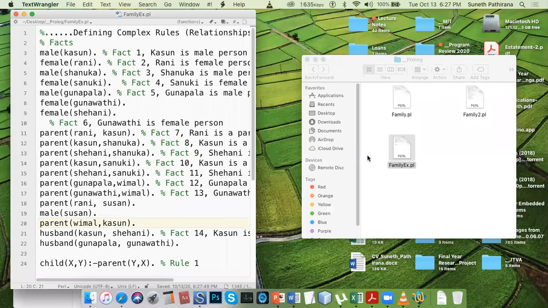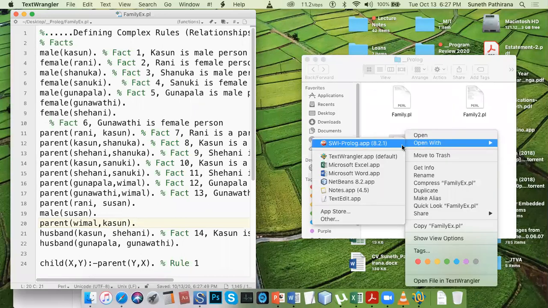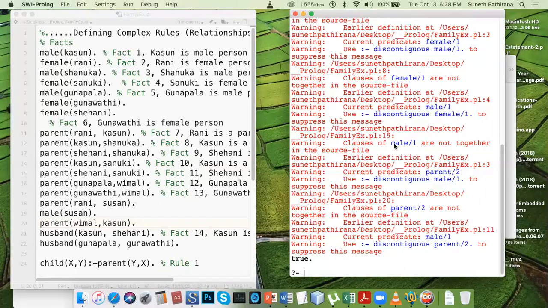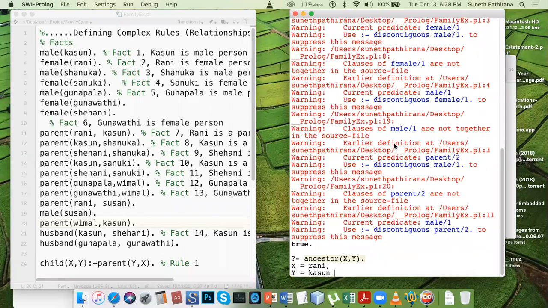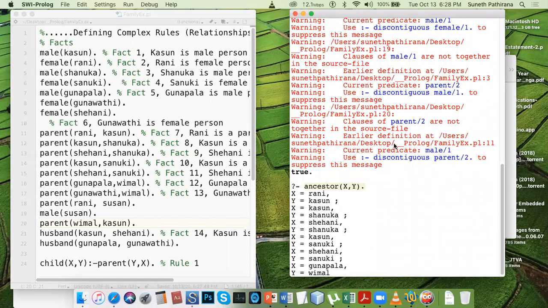You want to figure out whether the program can find parents or grandchildren. Okay. Ancestor X, Y: Rani Kasun, Shanuka, Shihani Kasun, Sanuki, Gunapala Vimal. Okay.